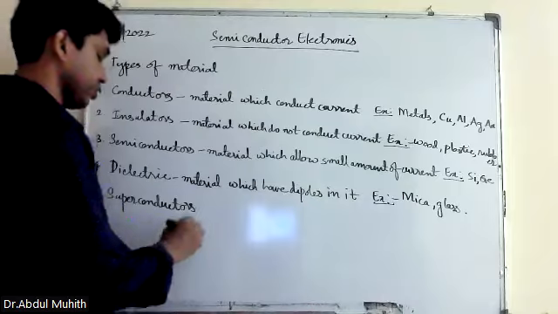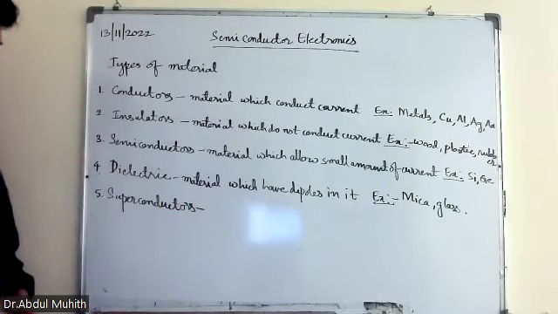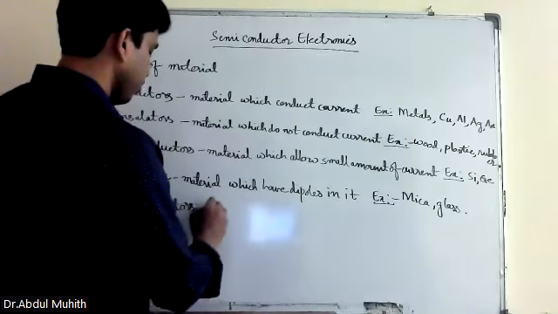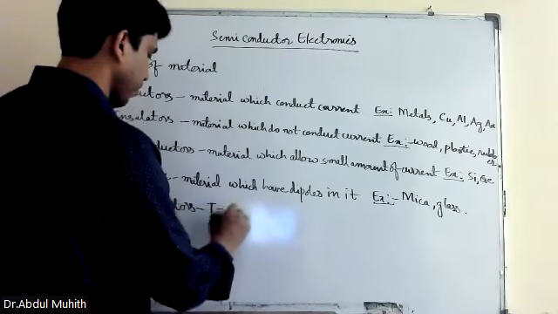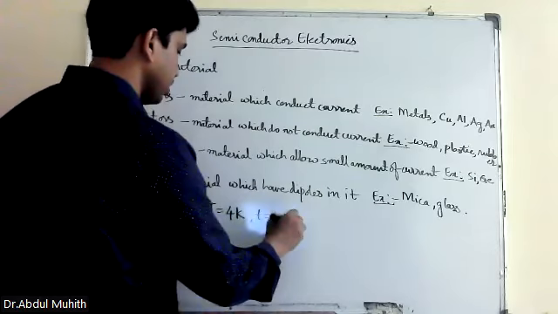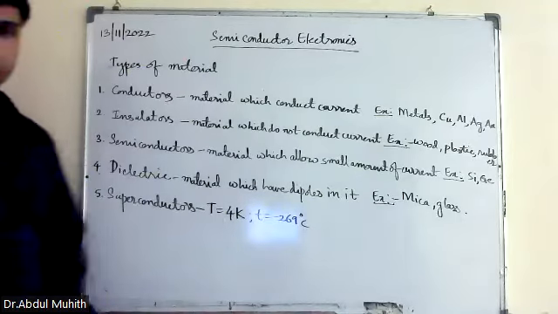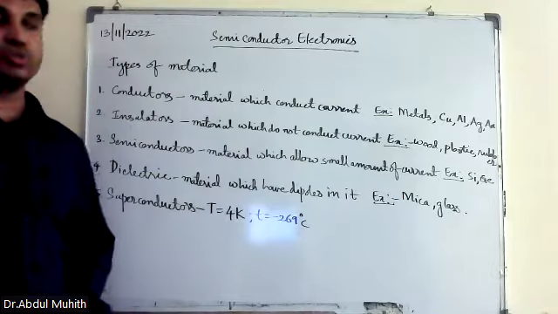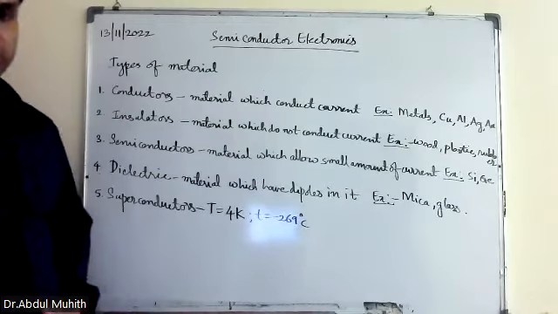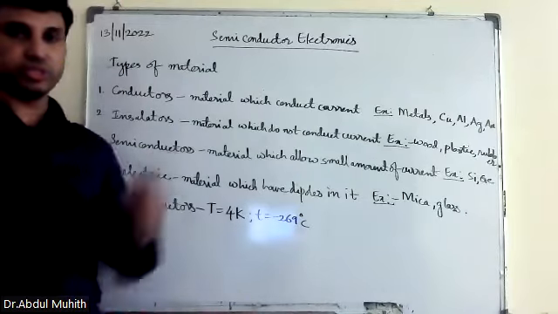Next is superconductors. What are superconductors? There are some materials where, when the temperature of the material is 4 Kelvin, approximately T equal to minus 269 degrees centigrade, which is not possible in a normal situation. We need to use liquid helium or liquid nitrogen to take the material to very low temperatures.